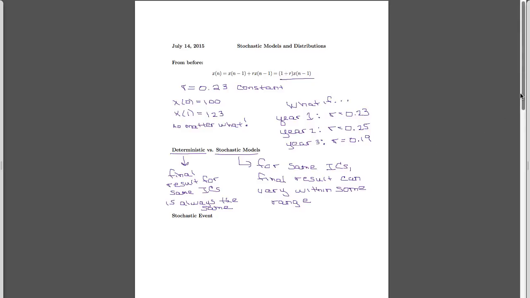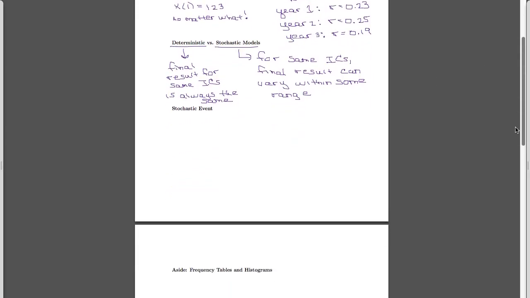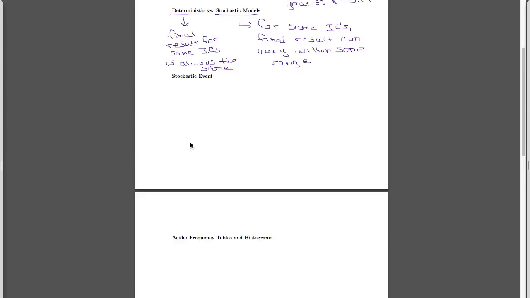All right, so a stochastic event, and sometimes people call this a random event, occurs with some probability, and this probability is usually determined in one of 3 ways.